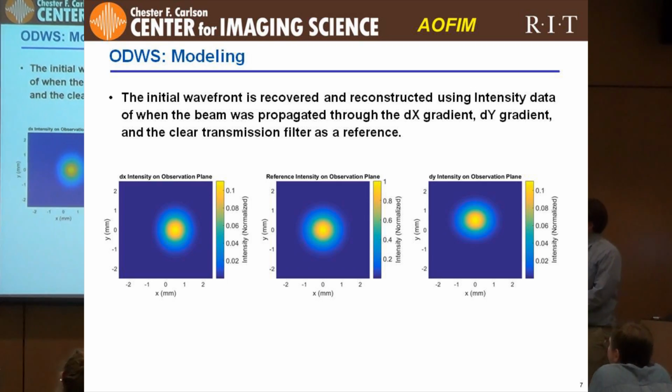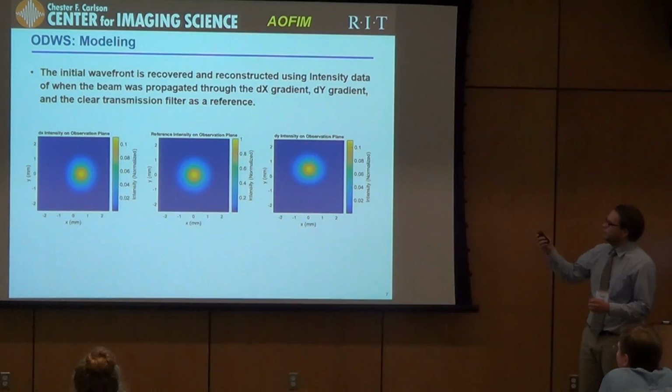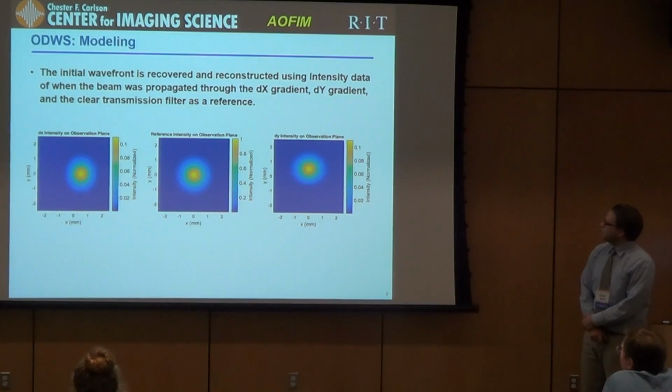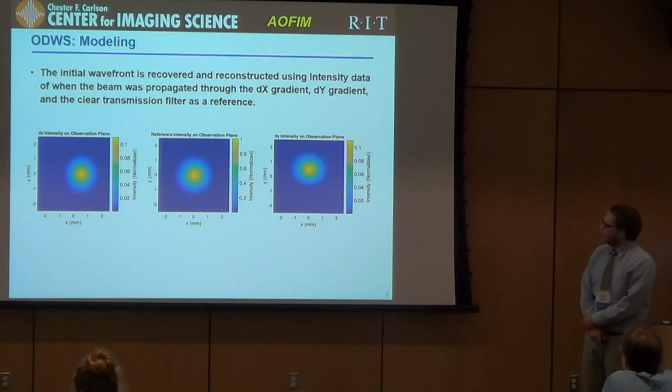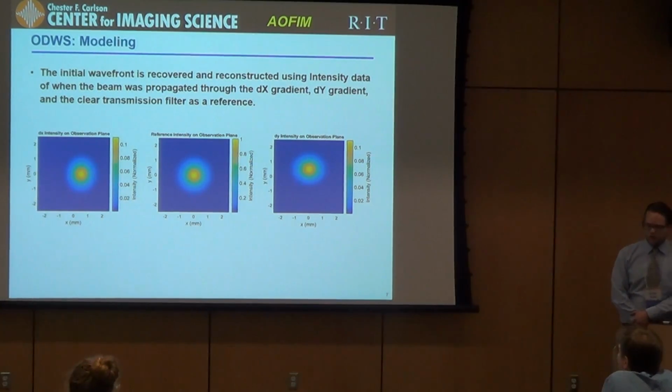So here are some examples from using my model in MATLAB of how the intensities look on our CMOS camera in the observation plane: one that goes through the DX transmission filter, the reference intensity, and the DY gradient filter. You can see that the intensity drops a little bit when compared to the reference intensity, but we still have more than enough intensity to get reasonable data from the CMOS camera.